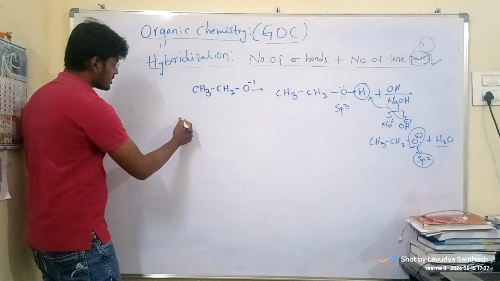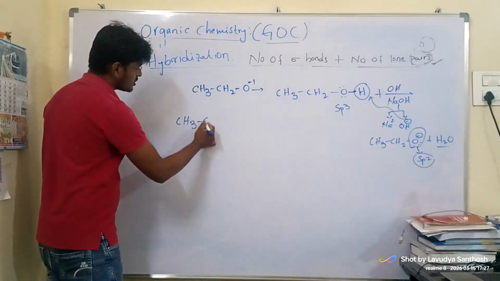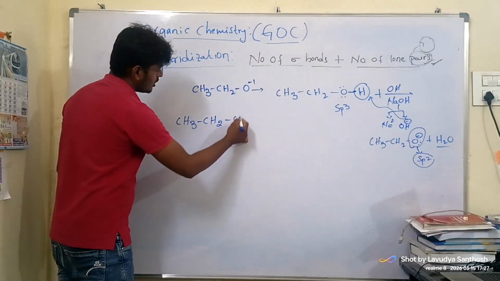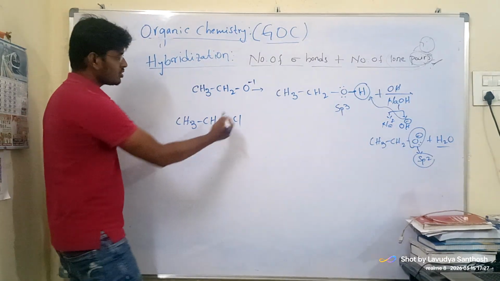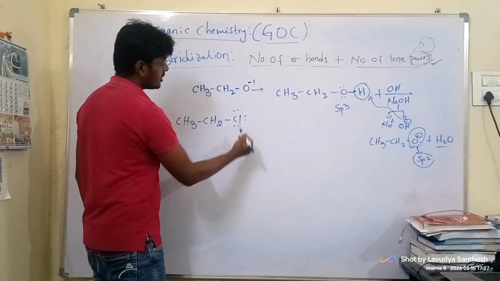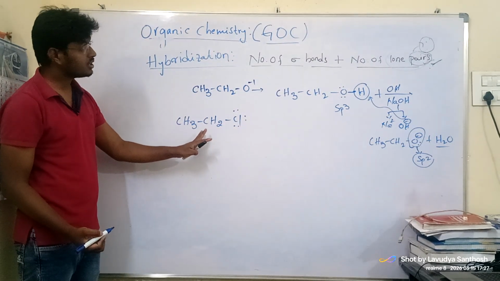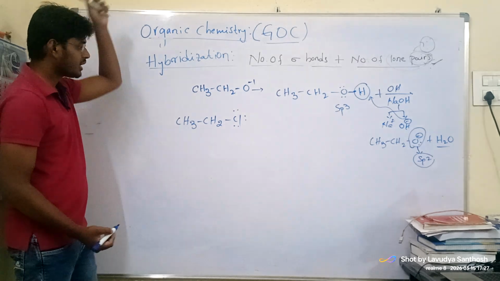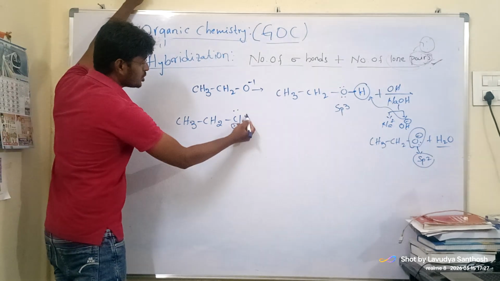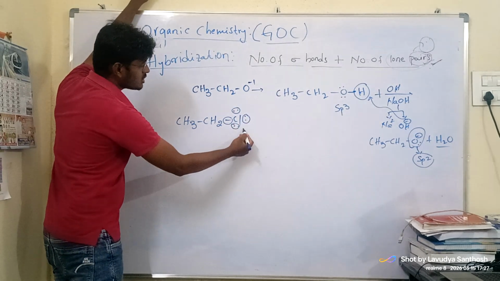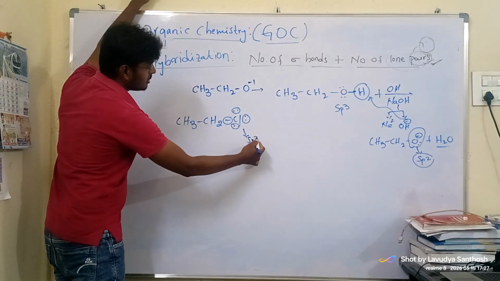Now, can you tell me CH3CH2Cl? Seventh group element: how many lone pairs does chlorine have? You have to think on your own, creatively. You see 1, 2, 3, 4: sp3 hybridization.